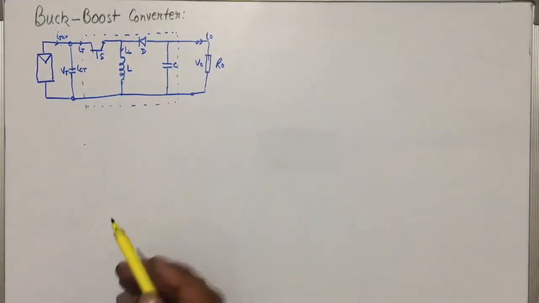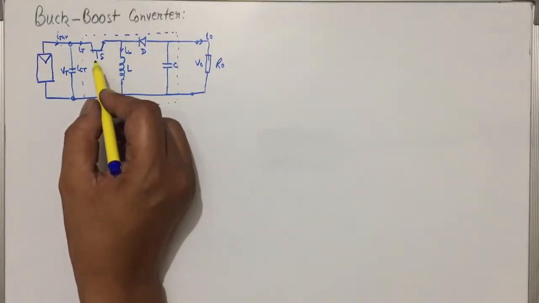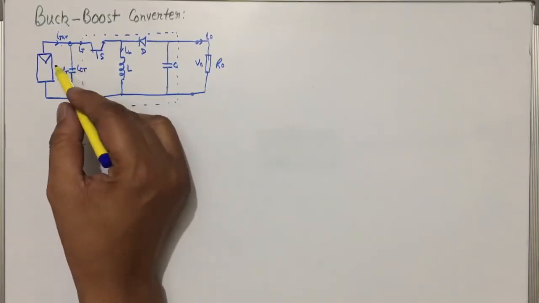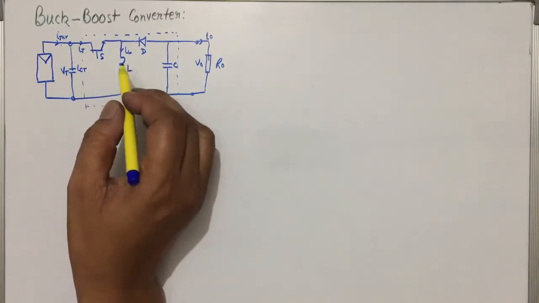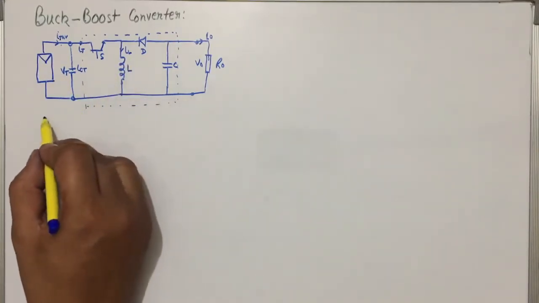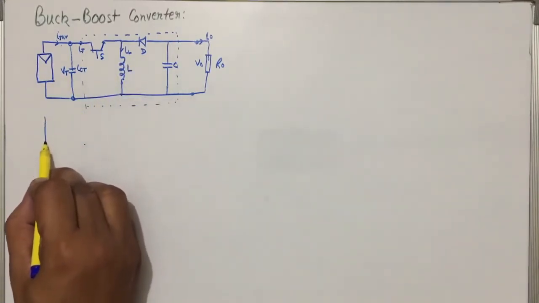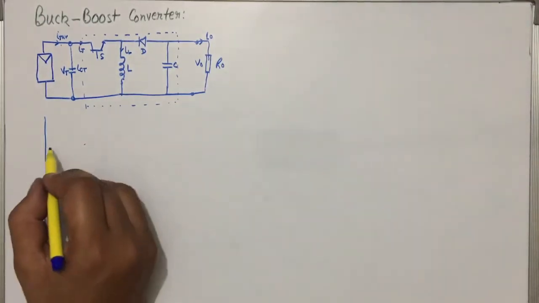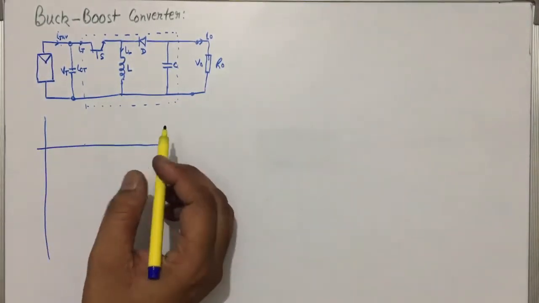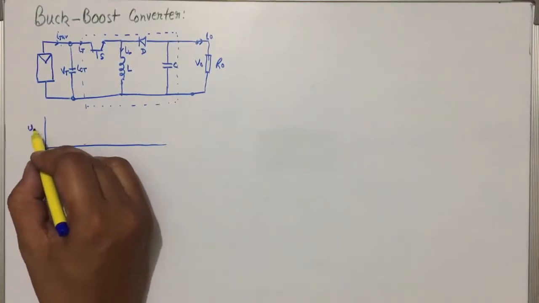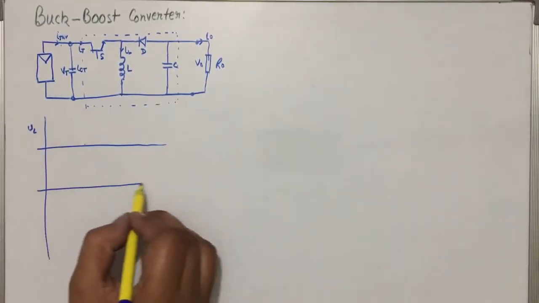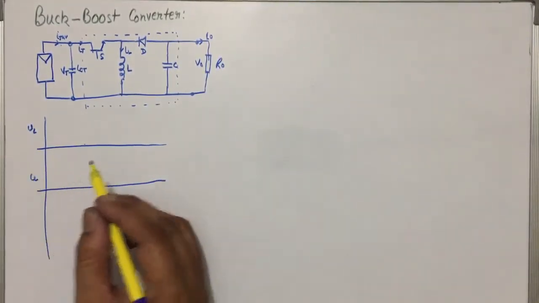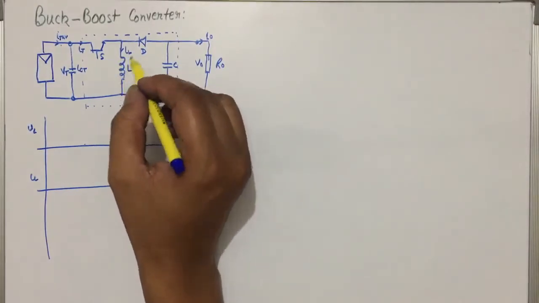And with the control of this switch, we will try to find either it is able to control the maximum, to regulate the input impedance of the converter to get the maximum power point. Let us see. So for that purpose we have VL, IL, voltage across this.